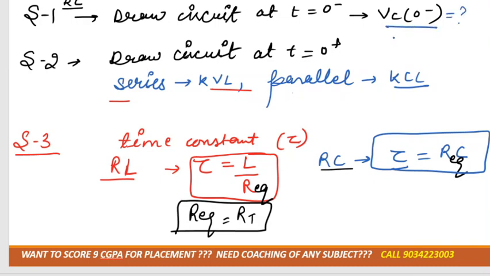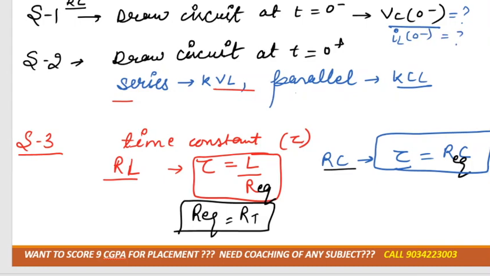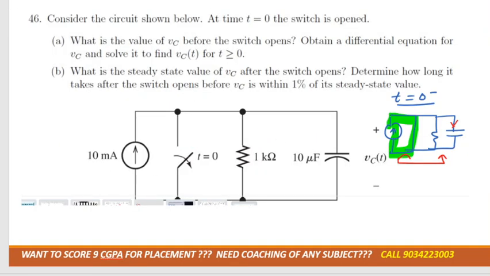If there were an inductor, we would need to calculate IL of 0 minus, but this is the case for the capacitor only. So VC of 0 minus equals VC of 0 plus. Understood? Step number 1 complete. Any doubt in step number 1?